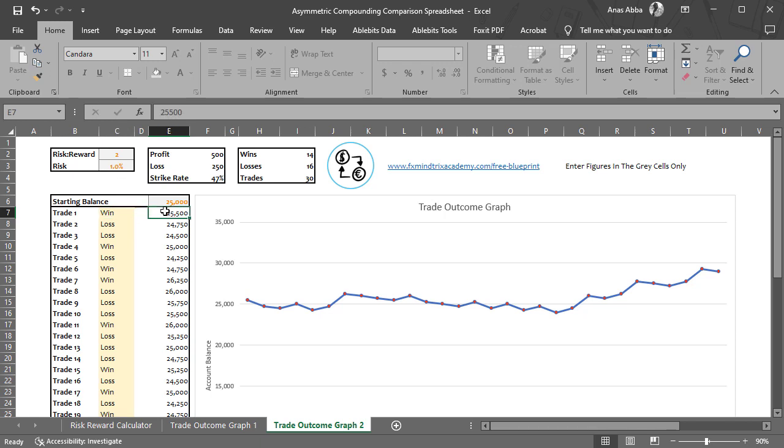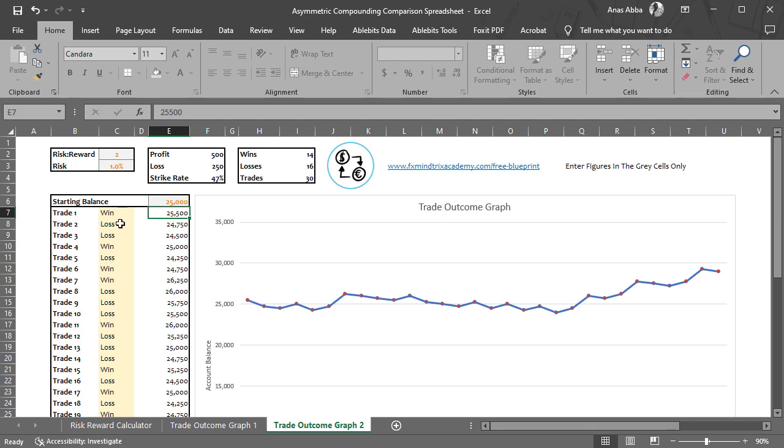But now, since you've made $500, on the next trade you're going to take, you're actually not going to be risking $250 because your previous trade was a winning trade. So in this regard, you're going to be risking your winnings, which is $500, plus the $250 which you risk on every trade you take, which is 1% of this account's starting balance.